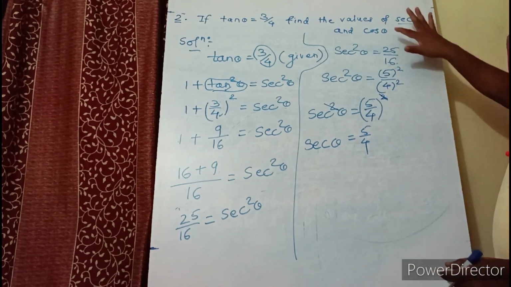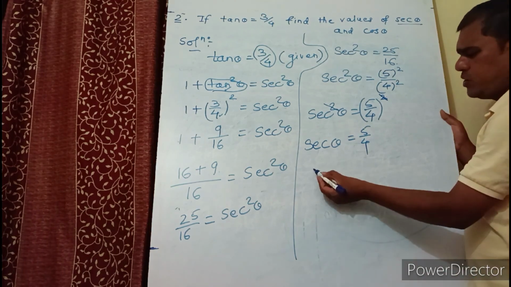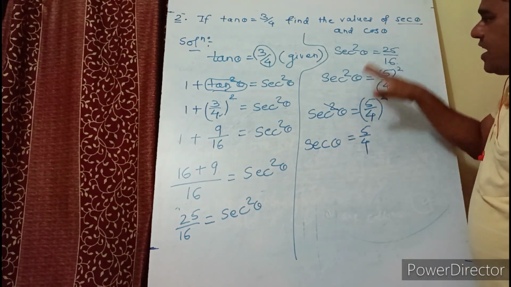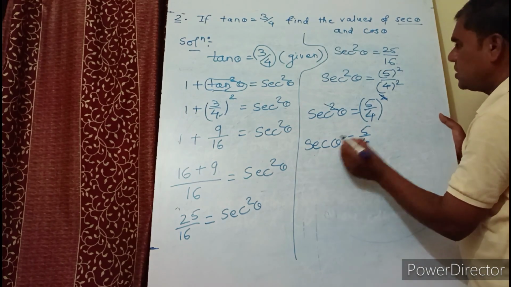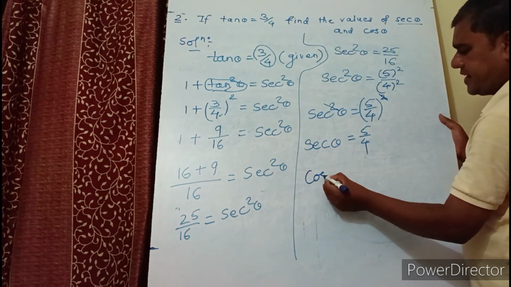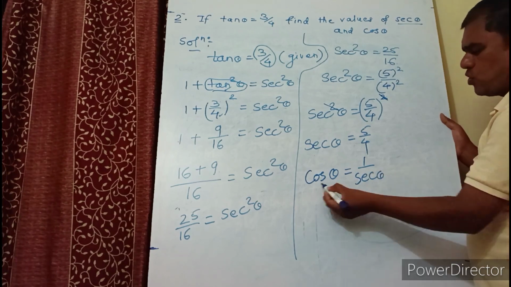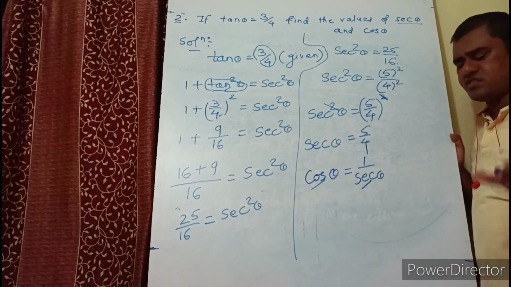Now we have to find the value of cos theta. We know the relation between sec theta and cos theta: cos theta equals 1 by sec theta. Cos and sec are inverse identities.